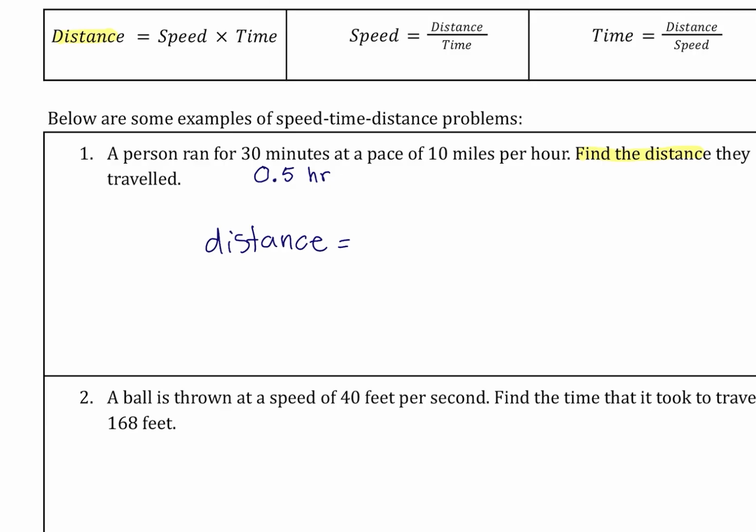Our speed is 10 miles per hour, and we need to multiply that by the time, which is 0.5 hours. 10 times 0.5 equals 5, and distance is measured in miles in this case. So we say that our distance is 5 miles.